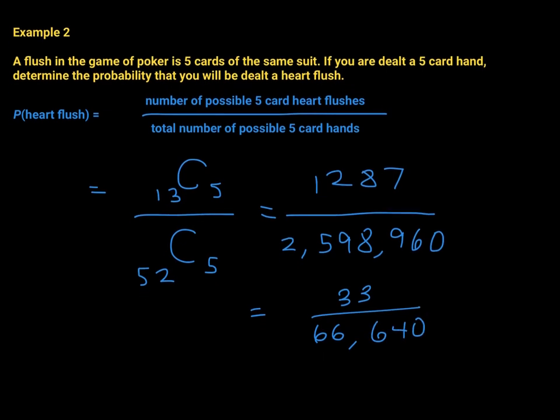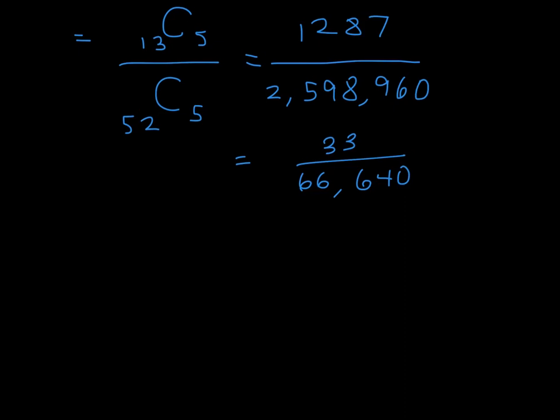So the probability of being dealt a flush of hearts is, as a decimal, approximately equal to 0.000495. So not that likely. It's not very likely that you're going to be dealt randomly a 5-card hand where all 5 of them are hearts. Could happen, but not that likely.